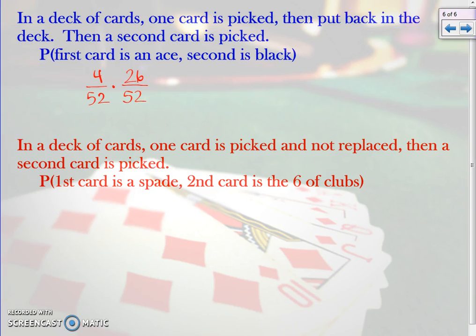It's 52. How come? We put the card back before we drew the next one. Okay, so what are these numbers? Is that 104? What's this one?